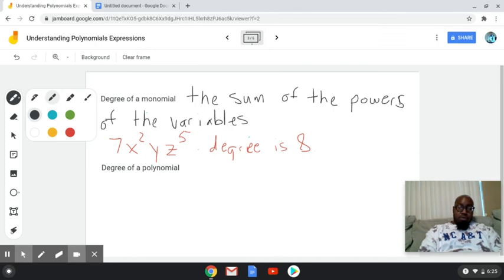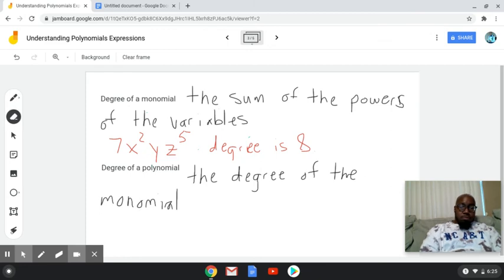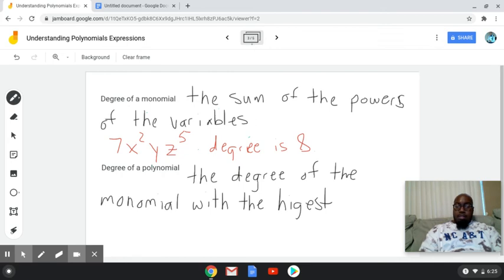The degree of a polynomial is the degree of the monomial with the highest, or greatest, degree, if you want to say that.